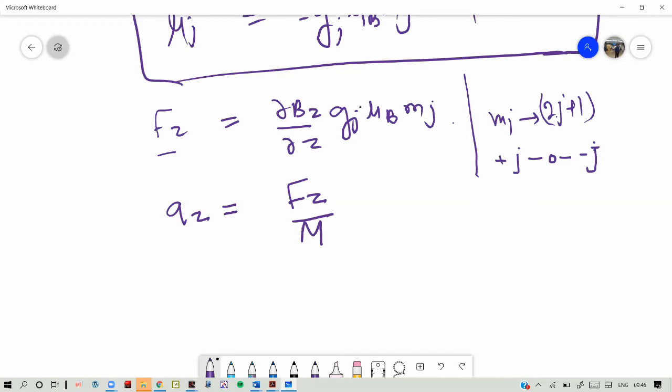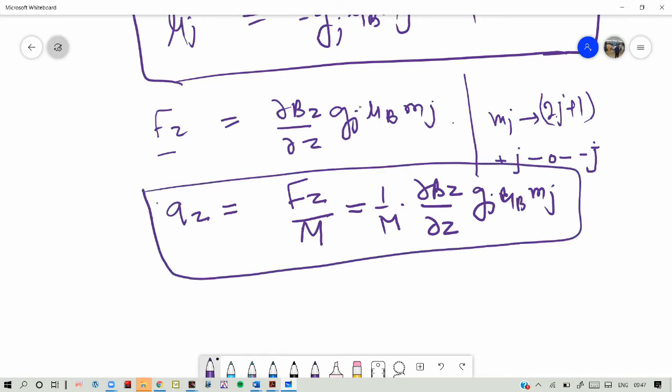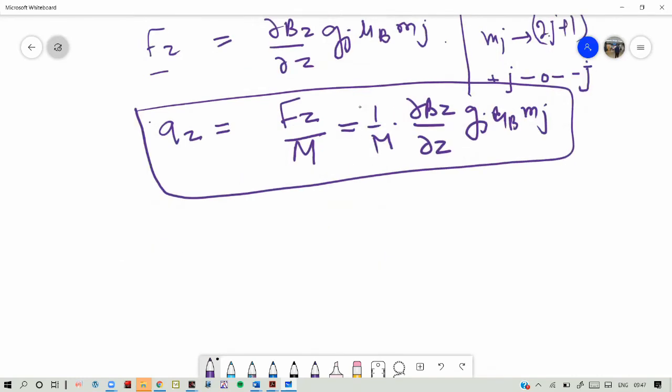This is simply F equal to m into a, which is 1 by m times delta Bz by del z gJ mu B. This is the acceleration of that particle, the silver atom actually.